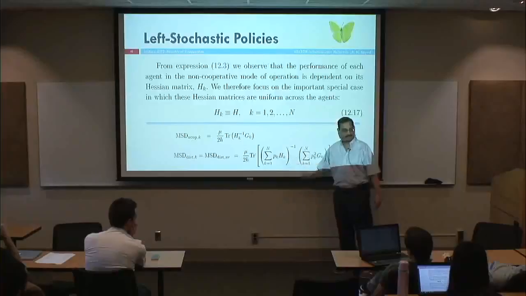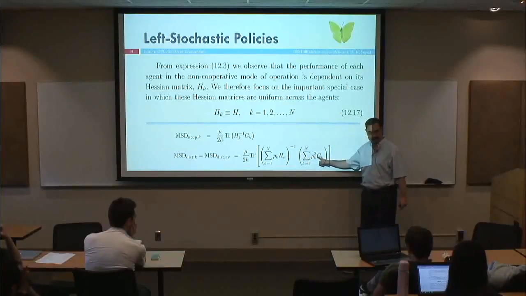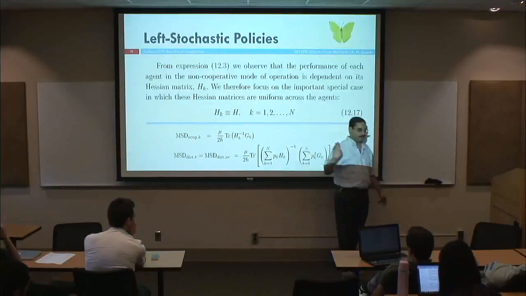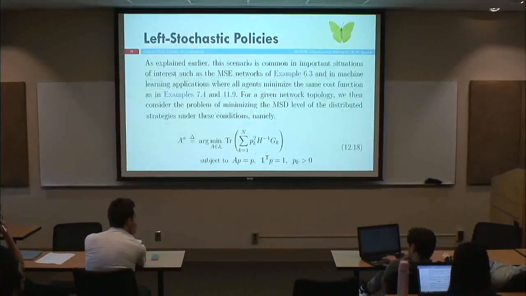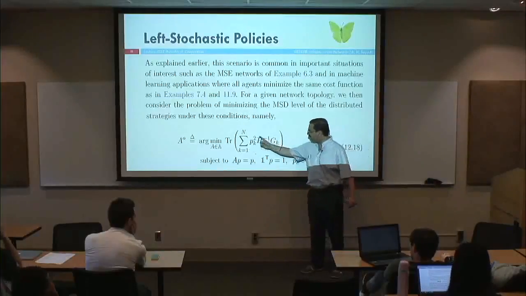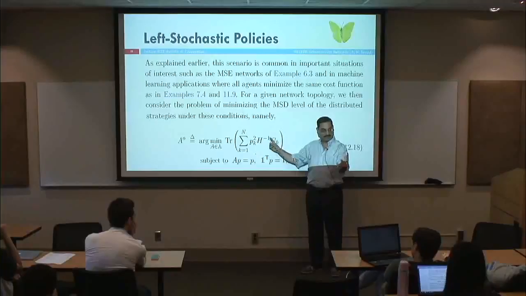So the sum of p disappears from here, and that H inverse I can put it here, correct? Okay? So the performance becomes the trace of the sum of p squared H inverse G. Here you have trace of H inverse G, correct? Okay. So now I would like to formulate the following optimization problem. This is my problem. This is the performance at every single agent, right? This sum.